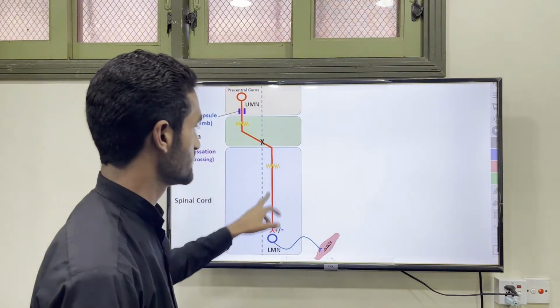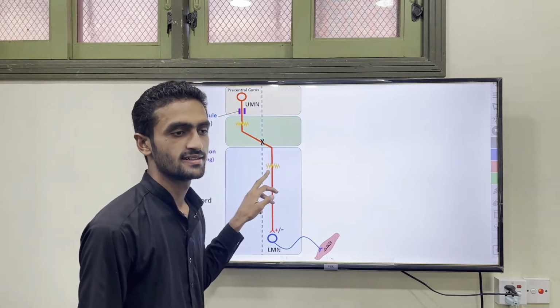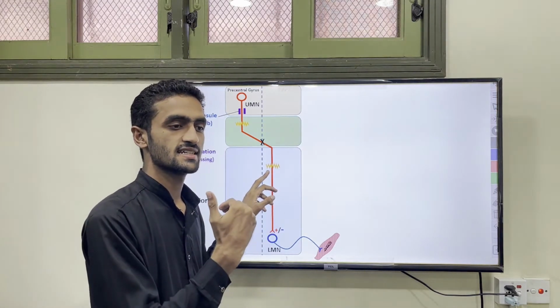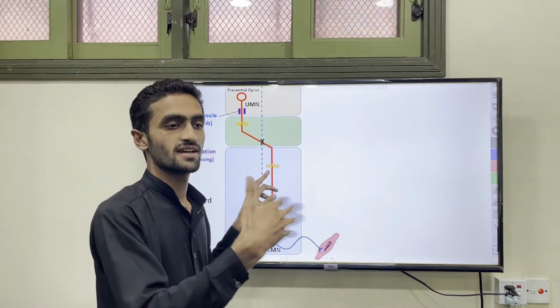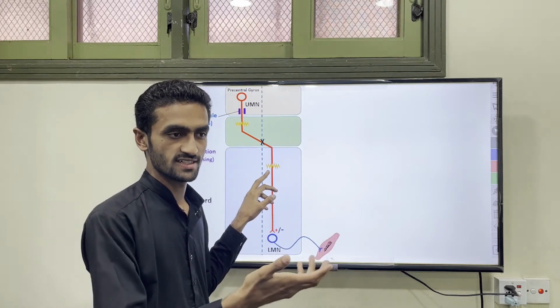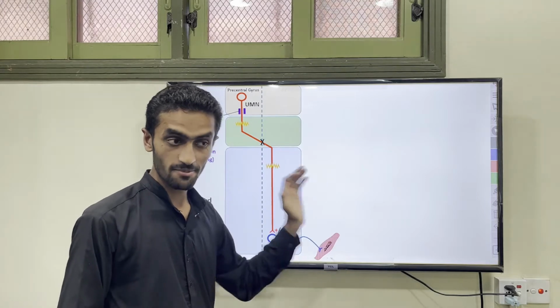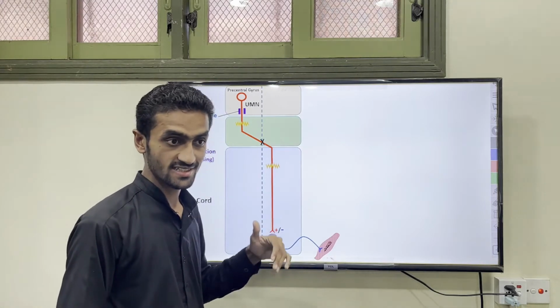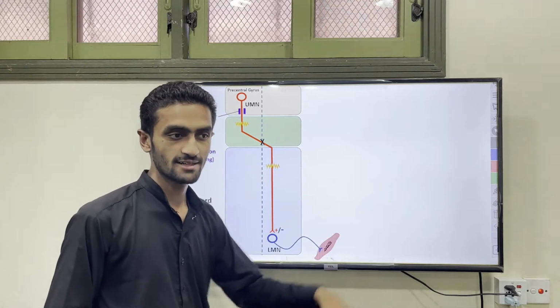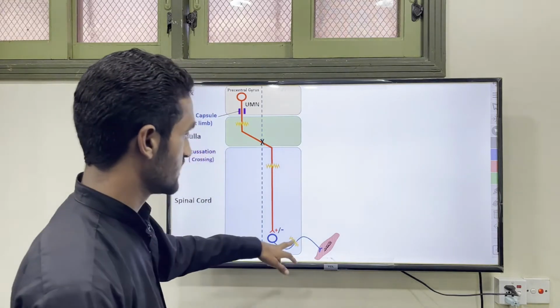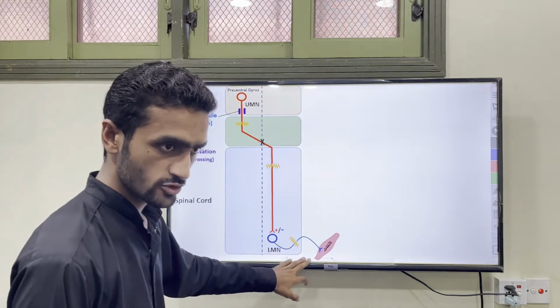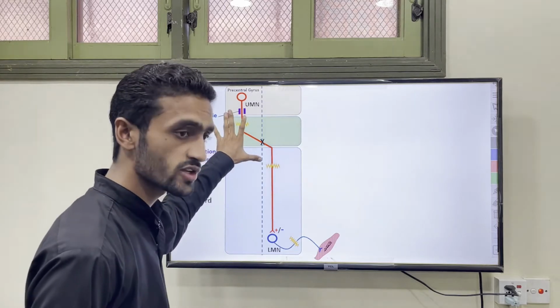If there is injury above the medulla, the loss of motor activity will be on the contralateral side, and if it is below, at the spinal cord level or below the decussation, the findings will be on the ipsilateral side.